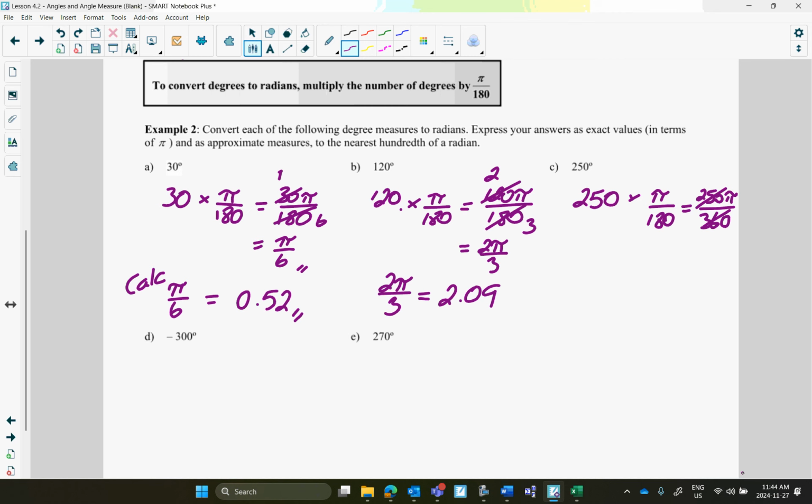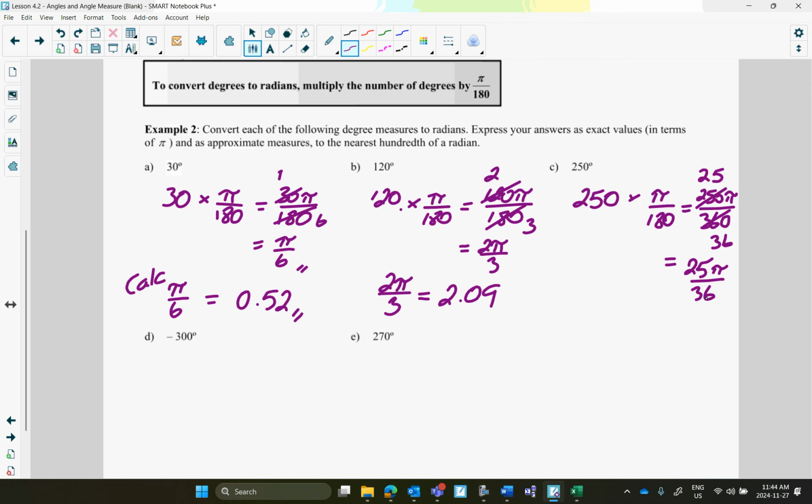What's the highest number that goes into both of them? 10. So this gives me 25. This gives me 36. So the best I can do is 25 pi over 36.